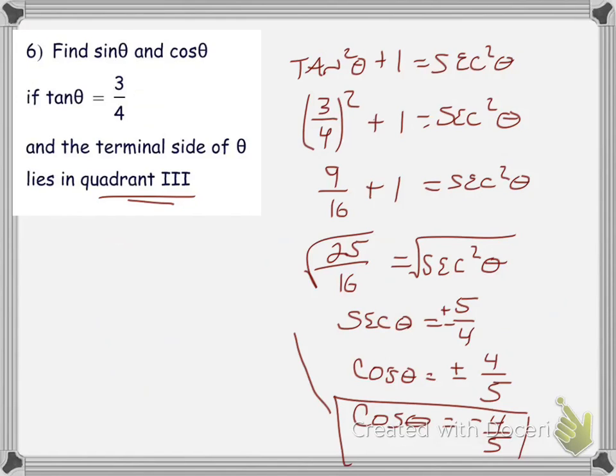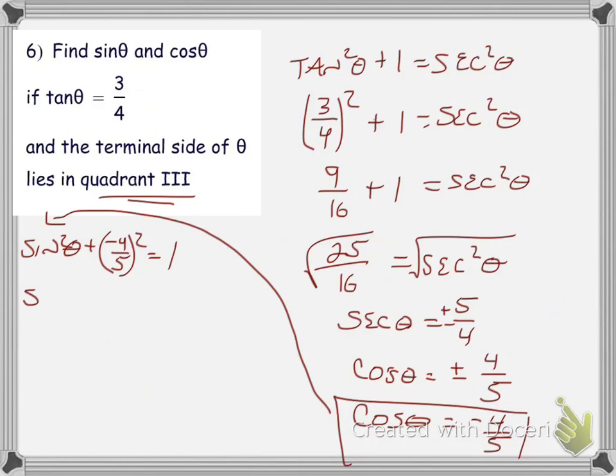So then I'm going to use this information in order to find sine. So I'm going to go back to that original, the first identity, and cosine squared, negative 4 over 5 squared, is equal to 1. So I have sine squared plus 16 over 25 is equal to 1.